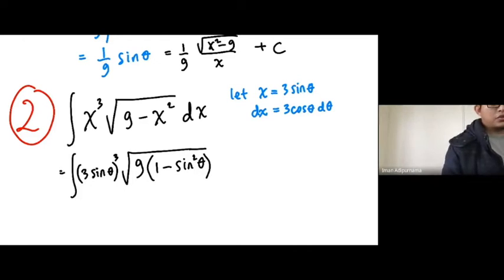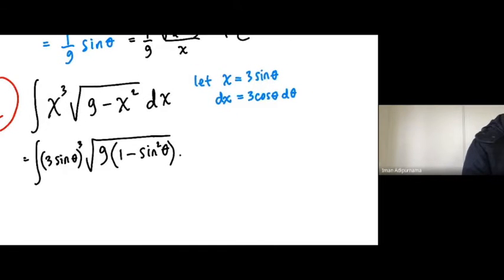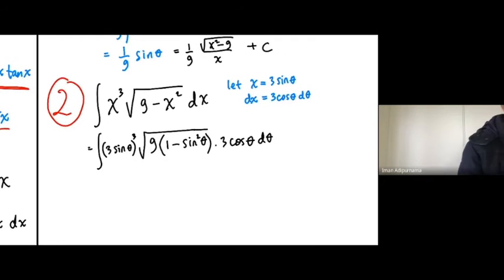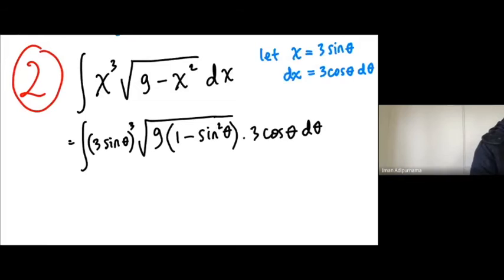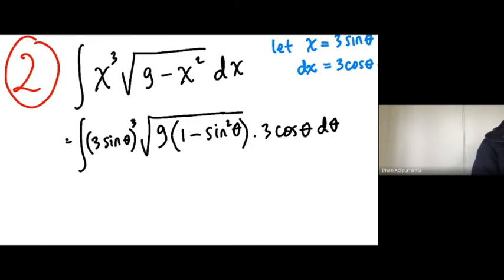So 9 minus x squared becomes 9 times 1 minus sine squared. And then the dx is 3 cos theta d theta. The whole thing becomes 9 cos squared theta, and the square root becomes 3 cos theta.